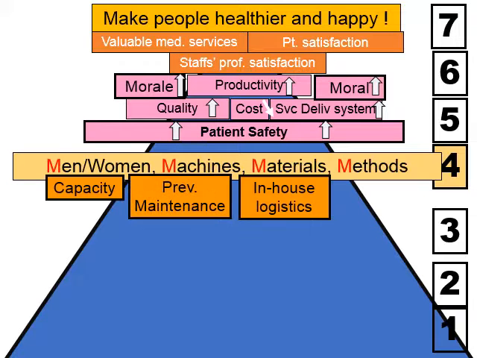The third M is materials. Various consumables are essential for better medical services. In-house logistics of pharmaceuticals, medical materials, and other materials should be in the obtainable best condition. Work methods are the core issue of hospital management.